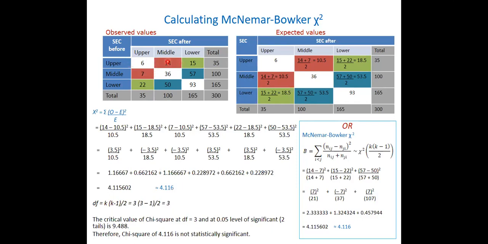This 14 was upper before, it became middle. The opposite is that these 7 were middle before, and became upper later. If you look at the green, they are the discordant pair: 15 were upper before and became lower after, and 22 were lower before and became upper after. Now, this blue pair: 57 were middle before and became lower after, and 50 were lower before and became middle after.